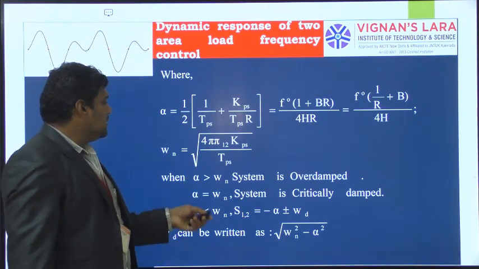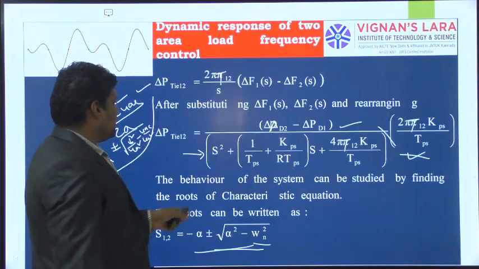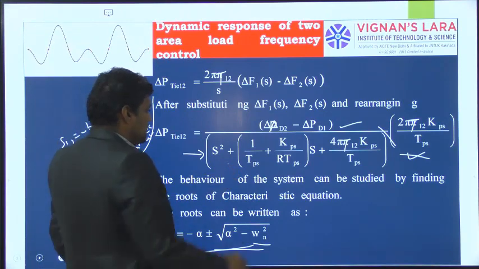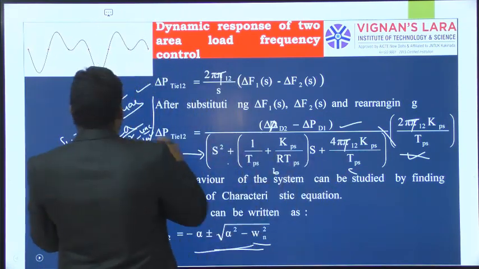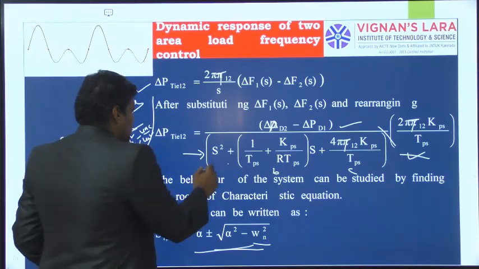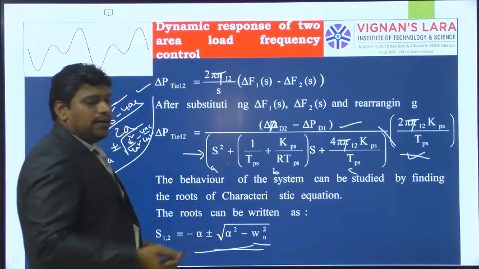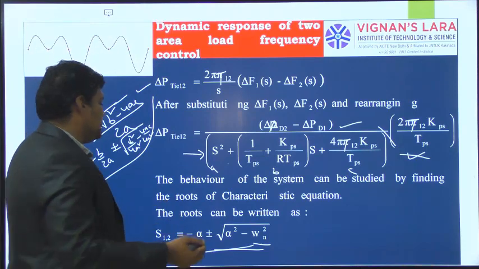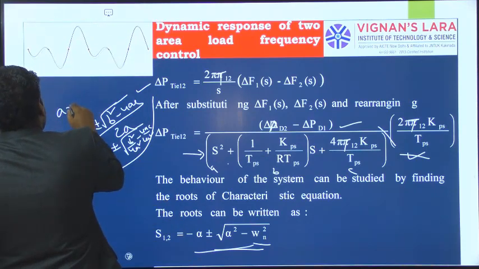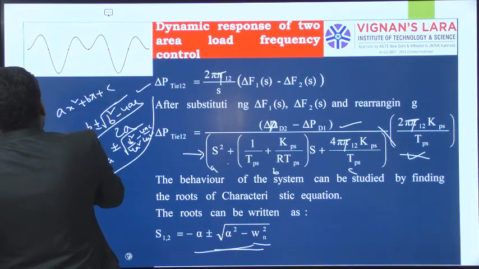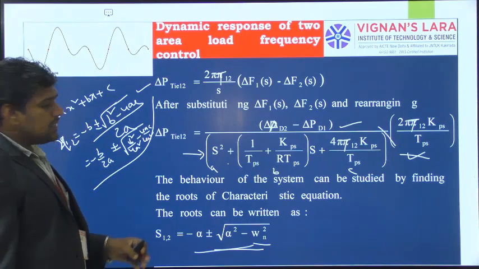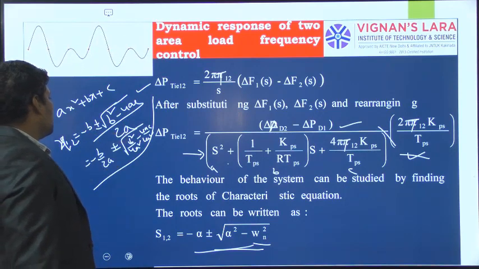When you write the roots of the characteristic equation, this is the characteristic equation. This will be B and this is C. When you replace these two here, A will be the one. For a given quadratic expression AX square plus BX plus C, you can write the roots as minus b plus or minus root of b square minus 4ac by 2a.